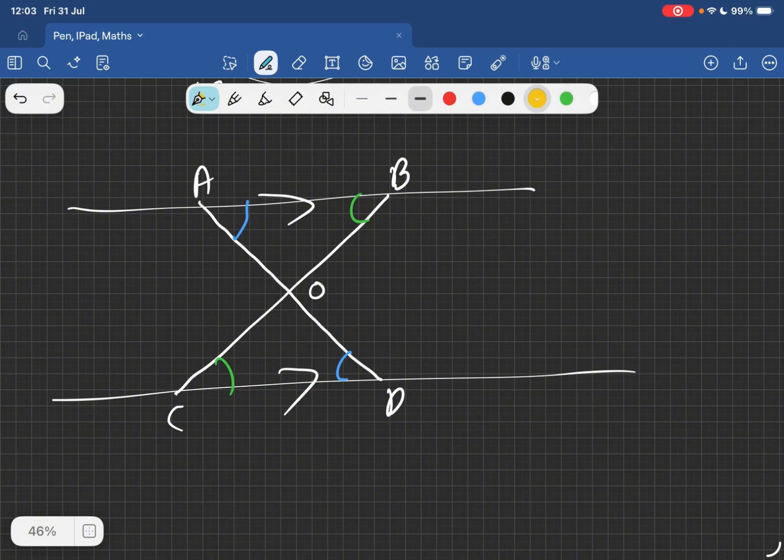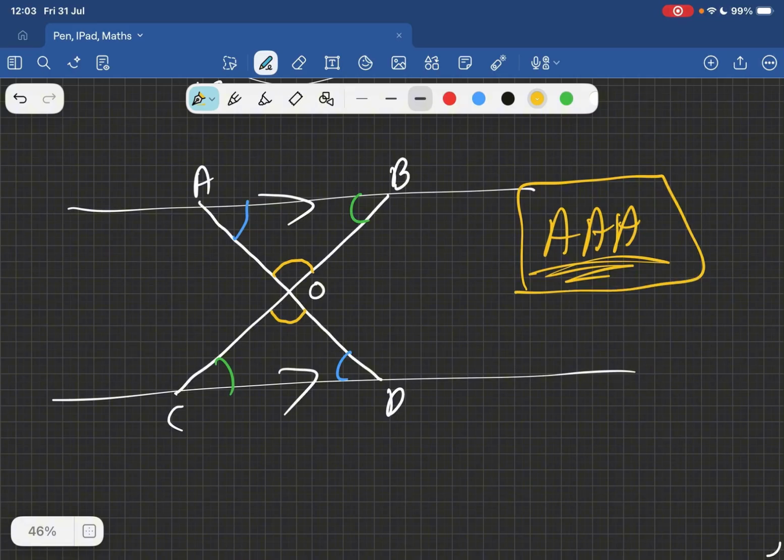Then another rule we have is alternate or vertically opposite angles. As these two angles are vertically opposite, they're the same. Here you can see we've done angle, angle, angle. Because these two triangles share the same three angles, they must be similar.